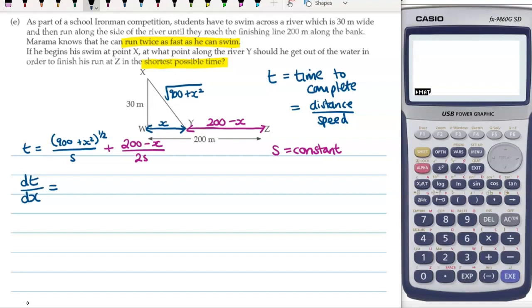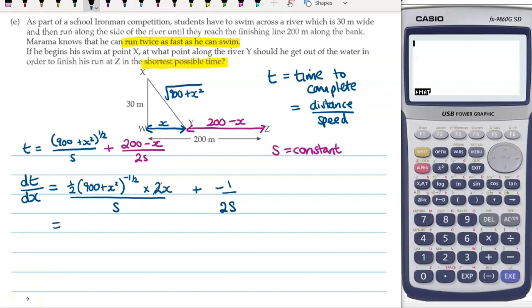So differentiating, we're going to have a half, 900 plus x squared to the minus a half times the derivative of the inside, which is 2x, still over s, it's just a constant. So it's like having 1 over s in front of it. If we differentiate the second term, we just get minus 1 over 2s.